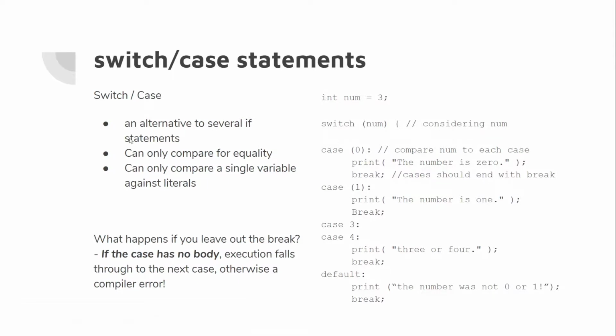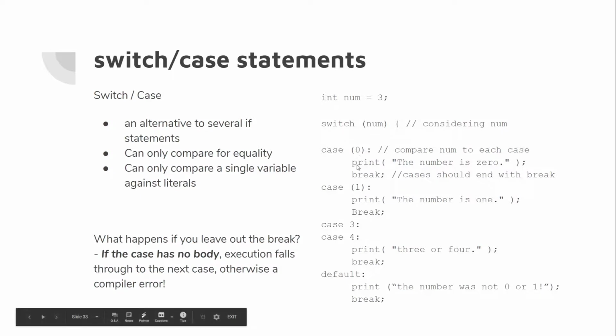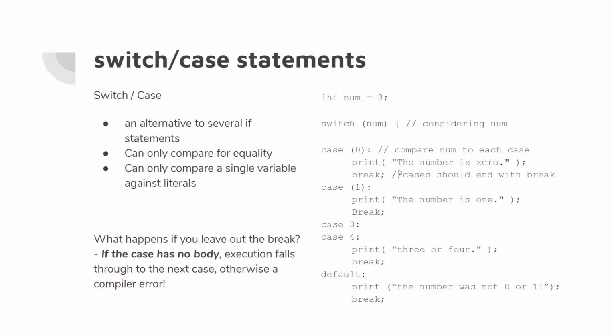You can compare for equality some certain number or some certain variable, and then act accordingly. In this example, it switches on num, so it considers num and compares it to each one of these cases. If a case matches, then it runs the code in that particular case.